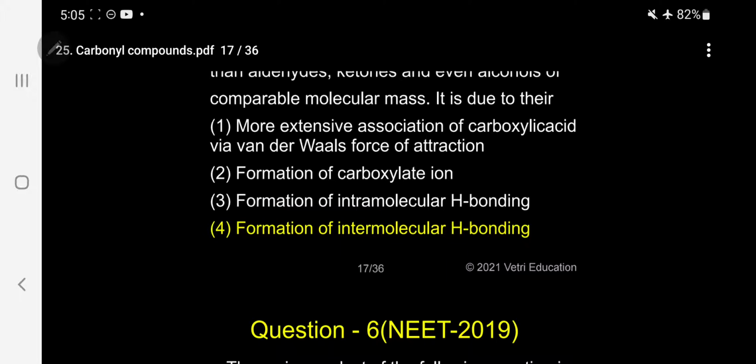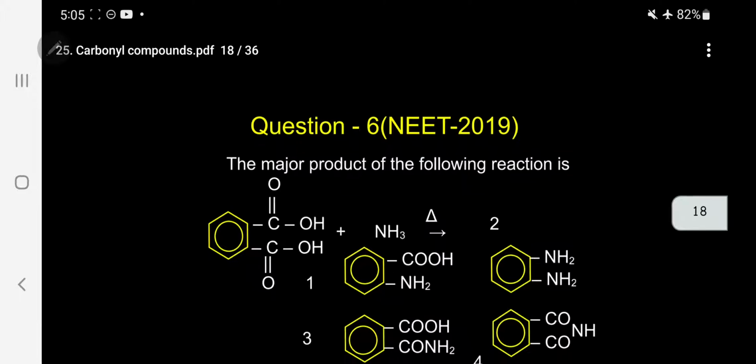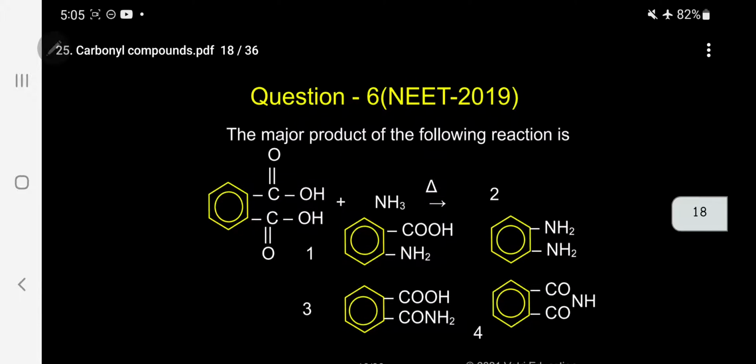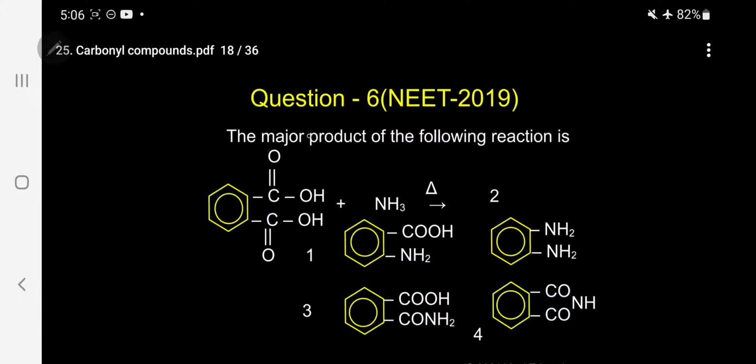Please follow. Next question. Question number 6. This was asked in the 2019 NEET question paper. The major product of the following reaction is, so we are taking this, called phthalic acid, an aromatic dicarboxylic acid, that is benzene 1,2 dicarboxylic acid.